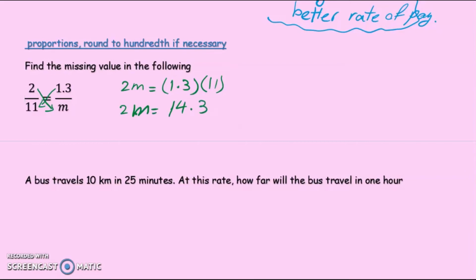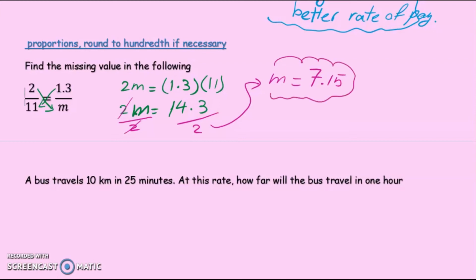So then after, you need to divide both sides by 2. So therefore 2 and 2 cancel. M would be, use your calculator or do it in your head, you will end up with 7.50. So easily you could find the missing value.